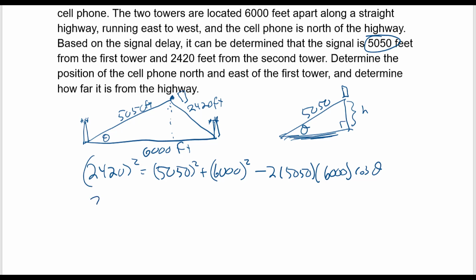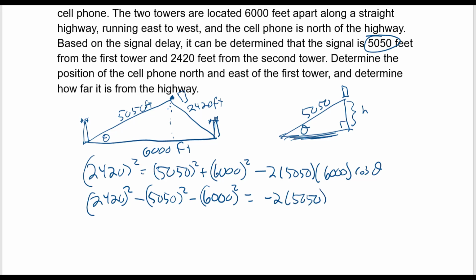So we end up with 2420 squared minus 5050 squared minus 6,000 squared equals negative 2 times 5050 times 6,000 times cosine of theta. Again, we're trying to solve for theta, so I can divide both sides by the coefficient, negative 2 times 5050 times 6,000.